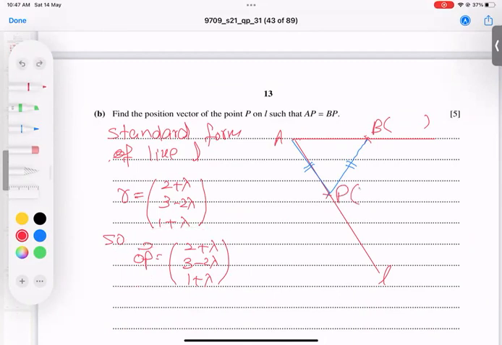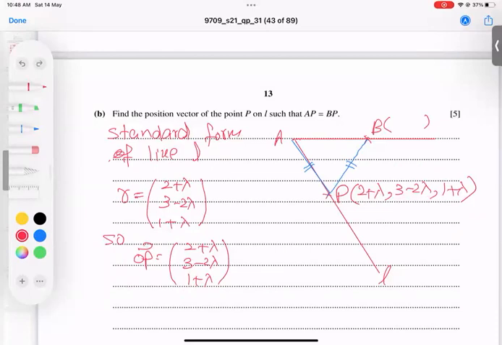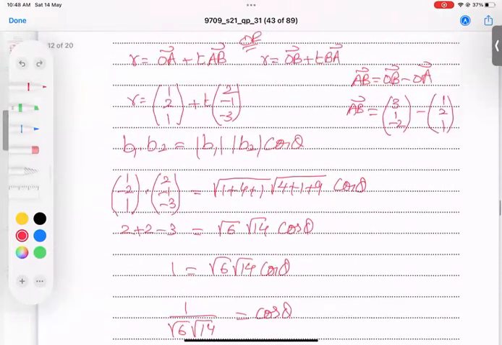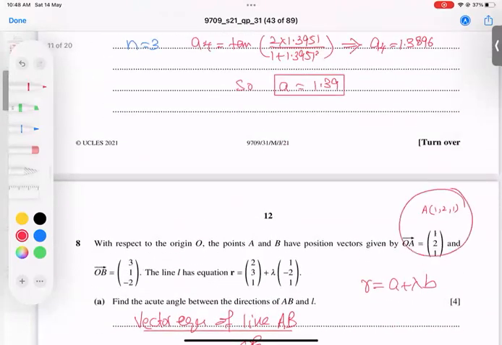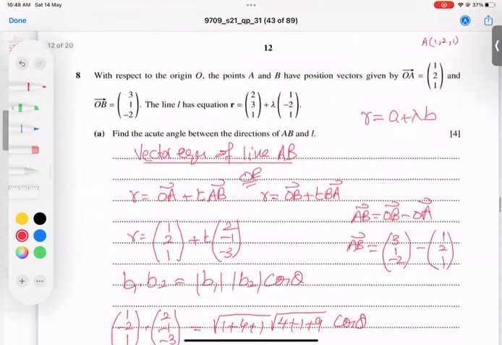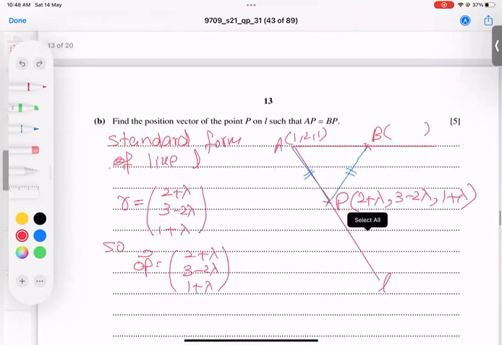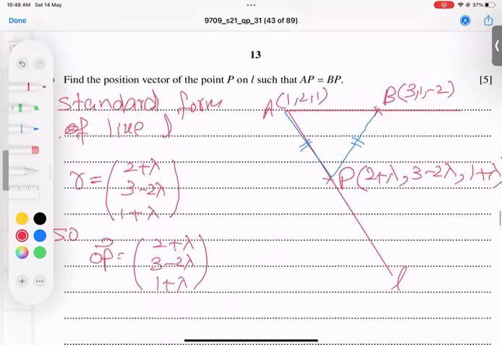Remove O, so 2 plus lambda, 3 minus 2 lambda, 1 plus lambda. So the vector form converts into coordinate form. And what is the A coordinate? 1, 2, 1. And the B coordinate is 3, 1, minus 2.